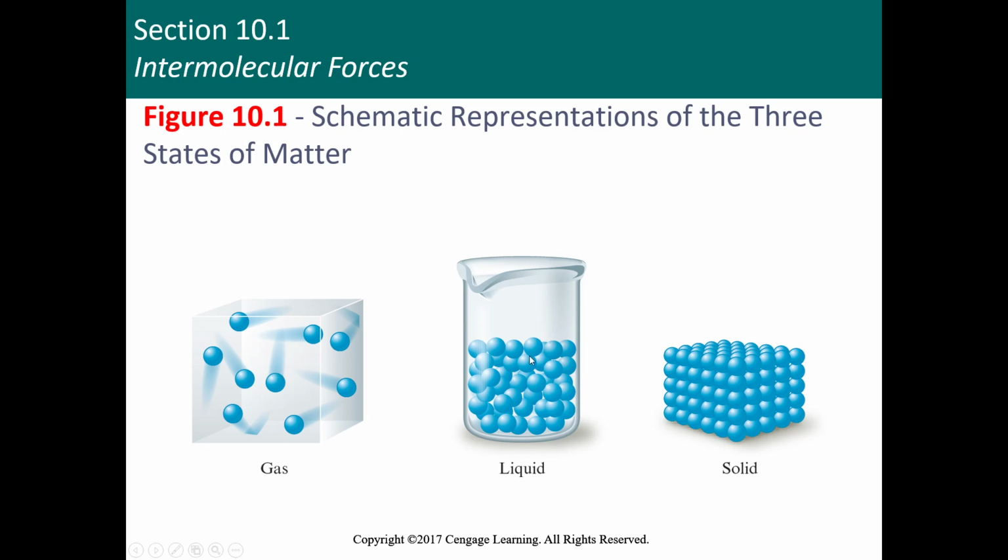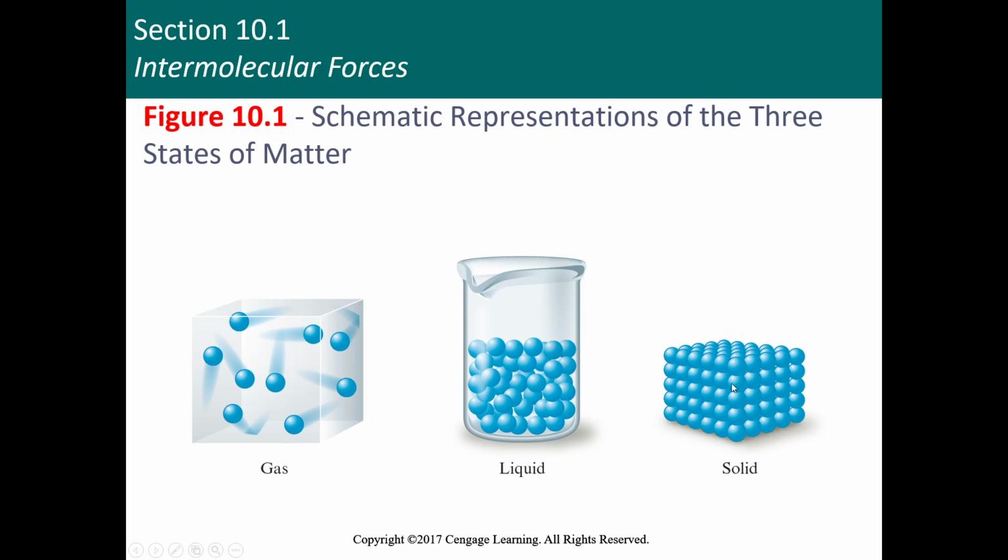Liquid is going to have, if this was zero connections, this is going to be something like 20% connection. And so about 20% of these will actually be connected together, and these connections sort of shift back and forth, letting these slide among each other, and that's what a liquid is. Much, much more dense, as you can see.